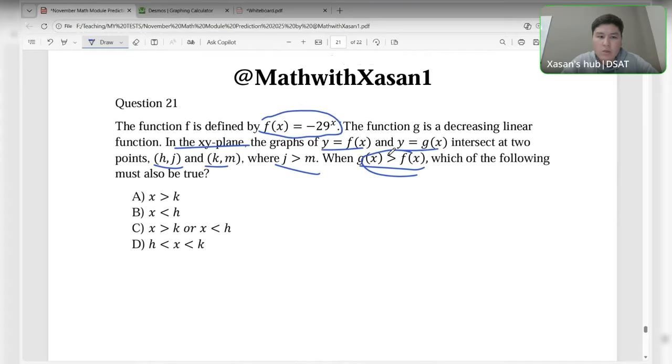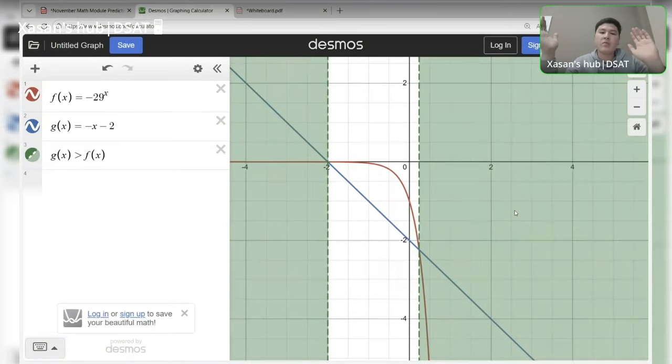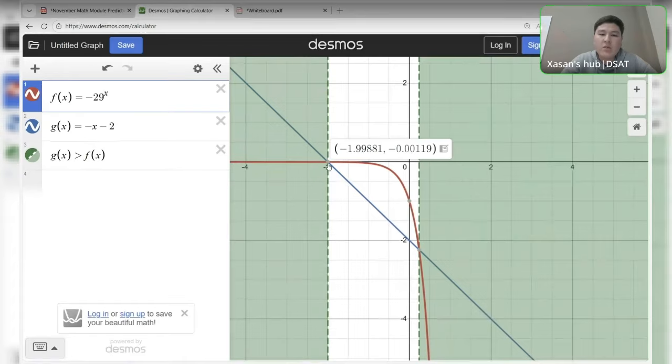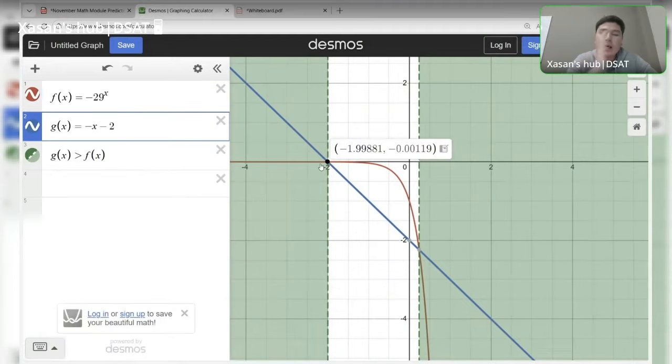And then what we have here, guys, is just these intervals, at the left and right side. This is the first intersection point, right? Let's say that one is h here. So this point is h and x must be less than h.